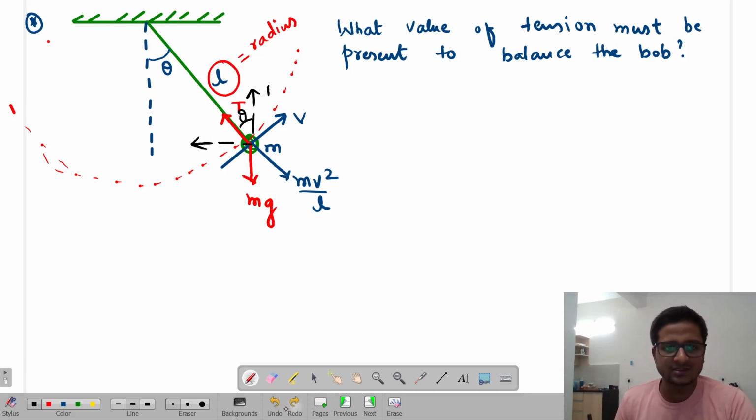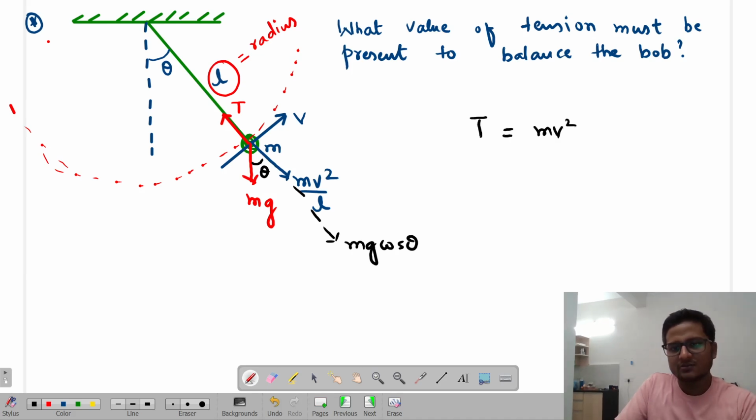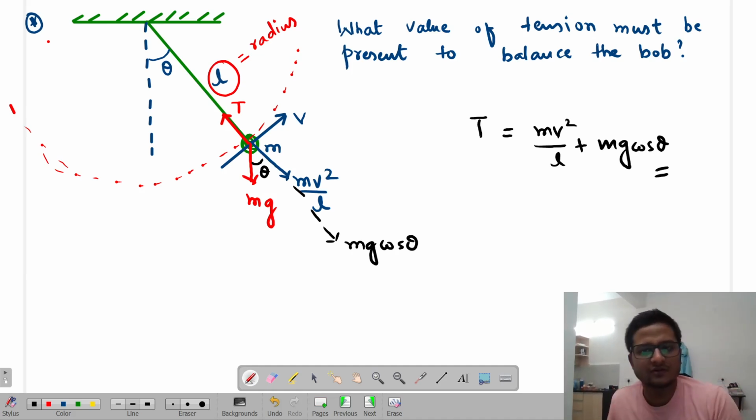The correct rule is that you take this theta over here, and I will have one more component of mg, which is mg cos theta, and then I'll write tension T as mv square by l plus mg cos theta. This is my value of tension.